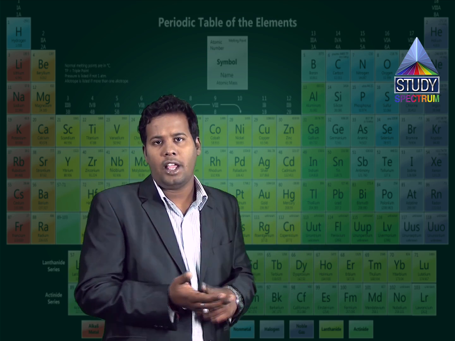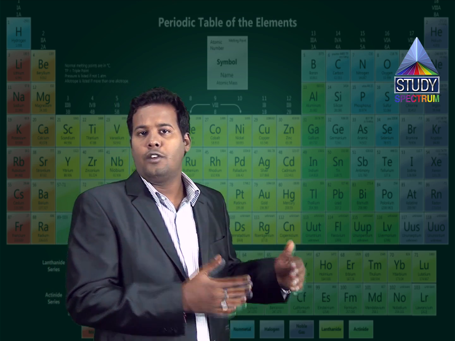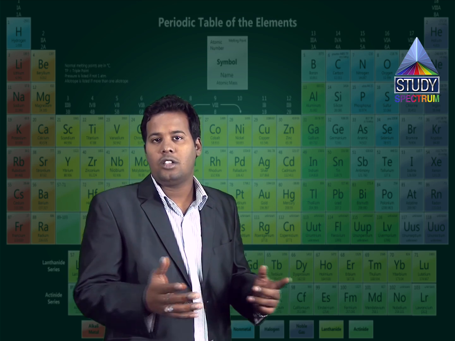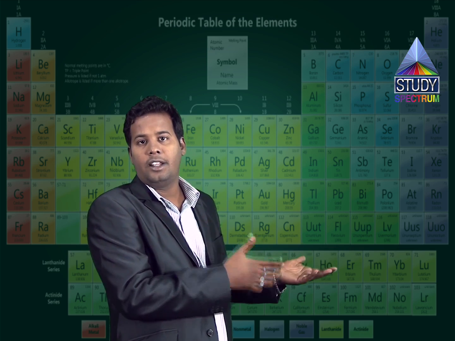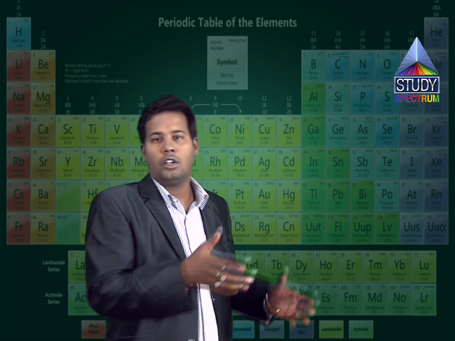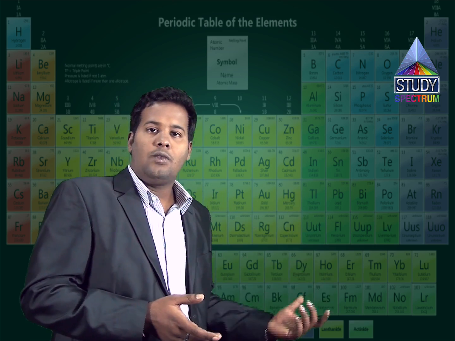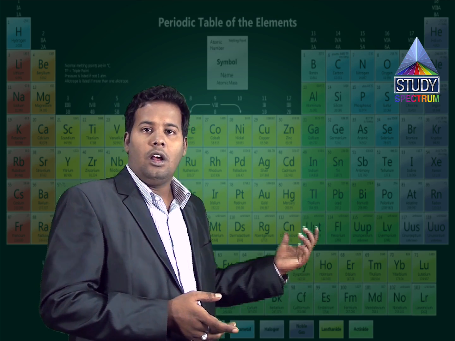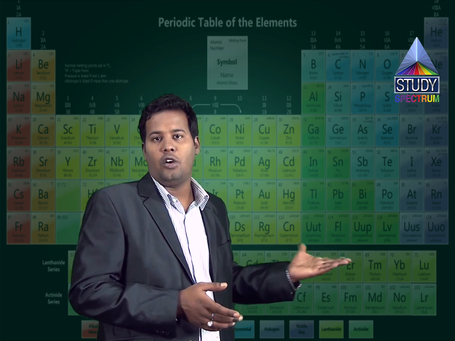His periodic table has 8 groups, 7 periods, and merits like he was the first scientist to classify all the 63 elements. He left some empty spaces in his periodic table, stating that there are a few elements which are yet to be discovered and will be discovered in future, showing so and so properties. And third, when noble gases were discovered, they were placed without disturbing the elements of Mendeleev's periodic table.